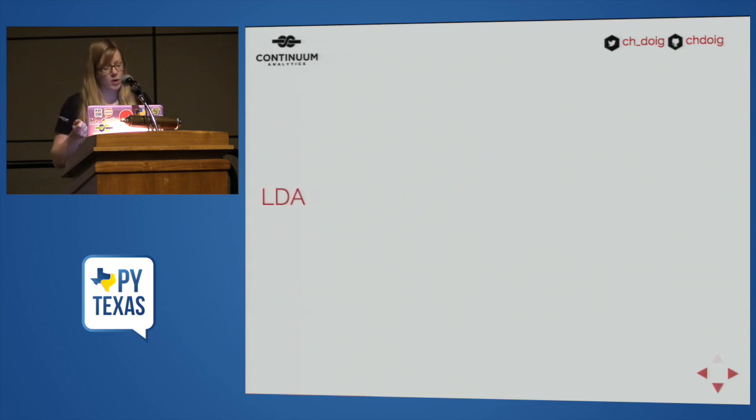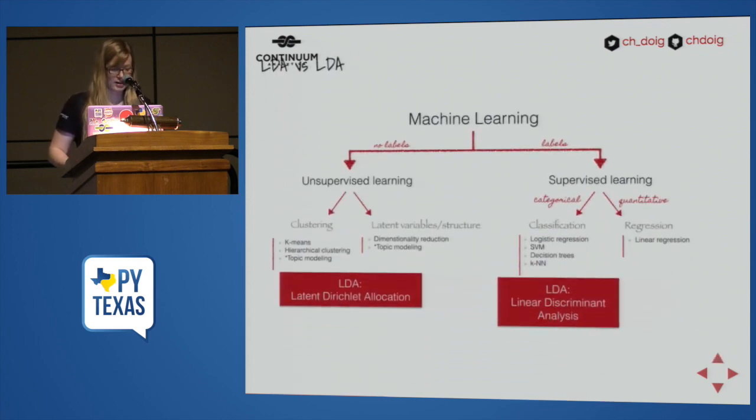So one of the popular algorithms in topic modeling is called LDA. And LDA stands for Latent Dirichlet Allocation. What is funny is that in machine learning there are two LDAs, one for supervised learning and one for unsupervised learning, that have nothing to do with each other, and just share the initials of the names.